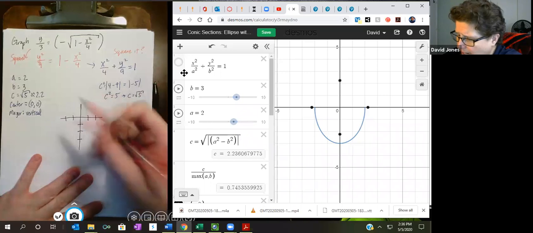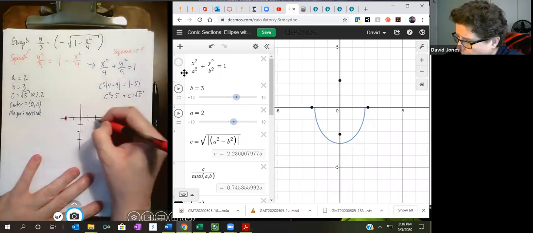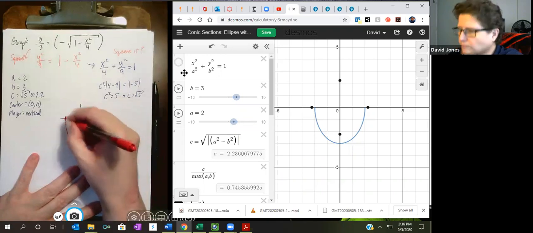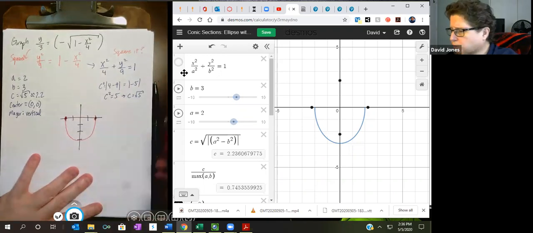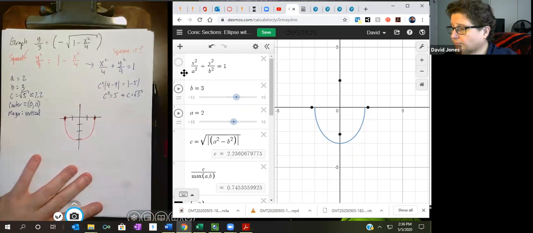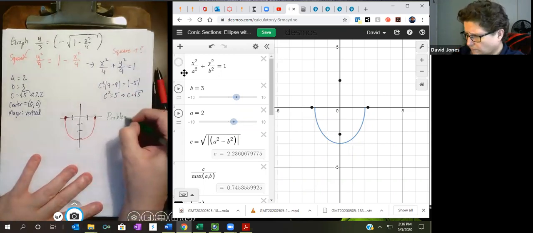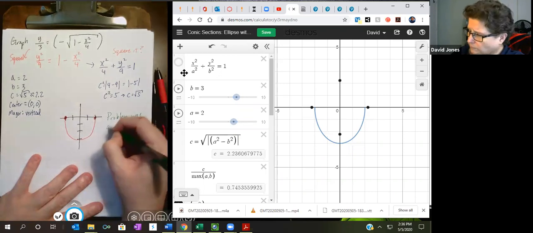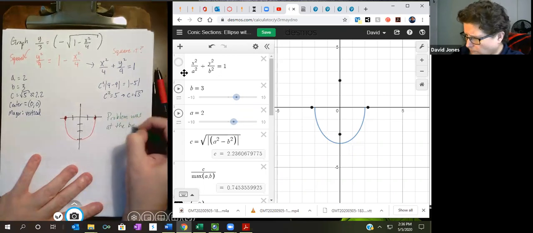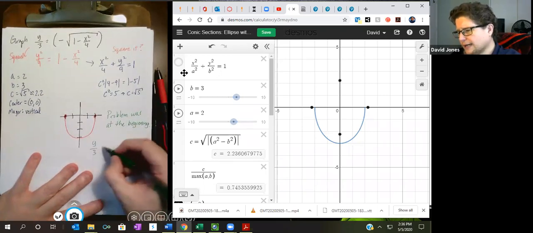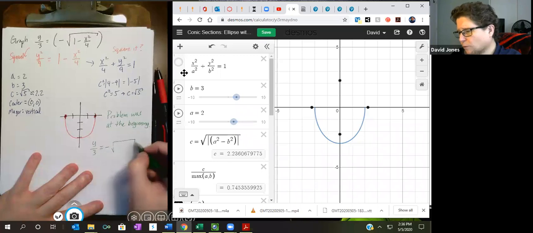This is only half an ellipse. The problem was at the beginning. Y over 3 equals negative square root of 1 minus x squared over 4.